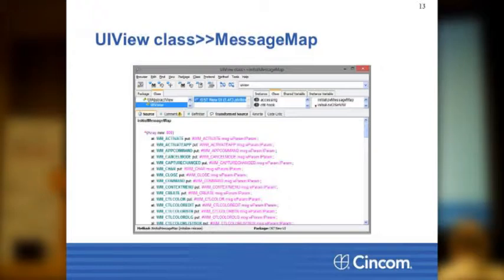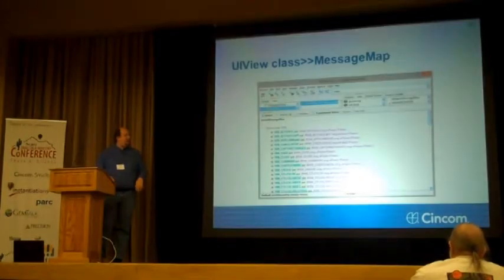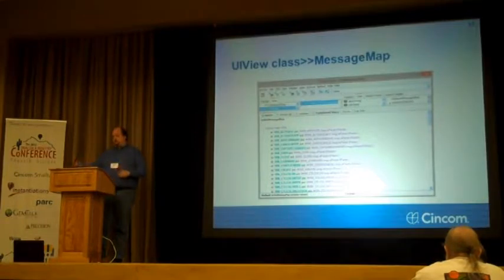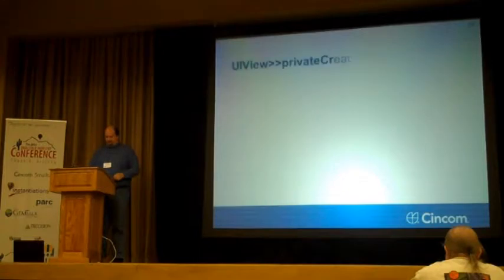Implementing this stuff in C would make this message map basically useless. You wouldn't be able to change it, but here you can add to it and subtract from it as much as you like, which means that either we find it or we don't find it. If we find it, that's great, and we perform the symbol. If we don't find it, then we just send it on to the Windows default procedure.